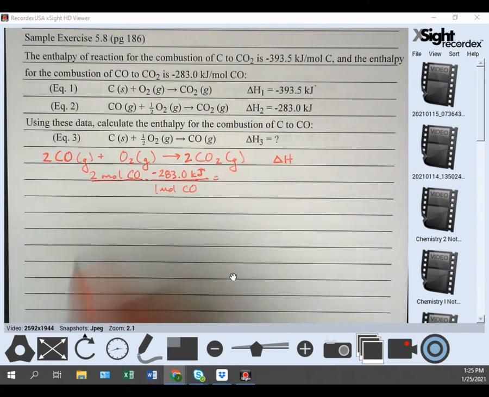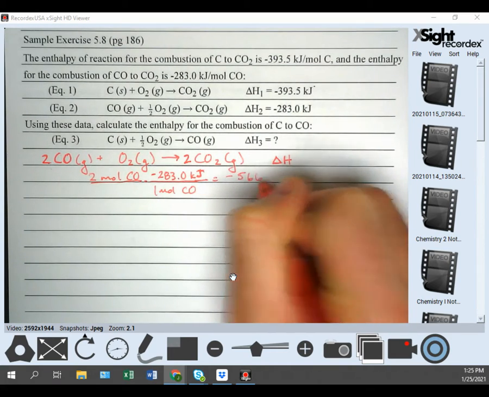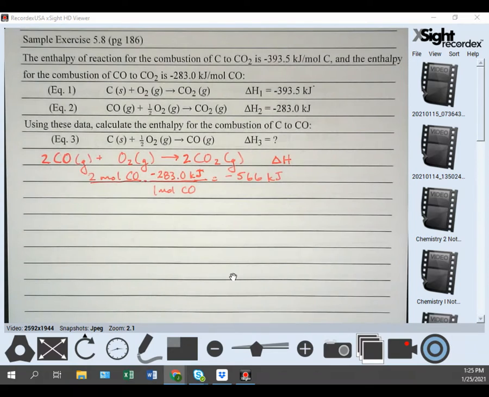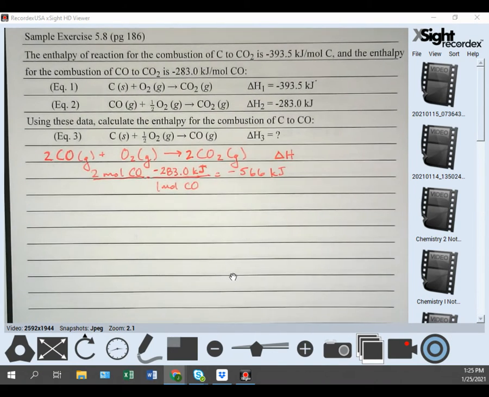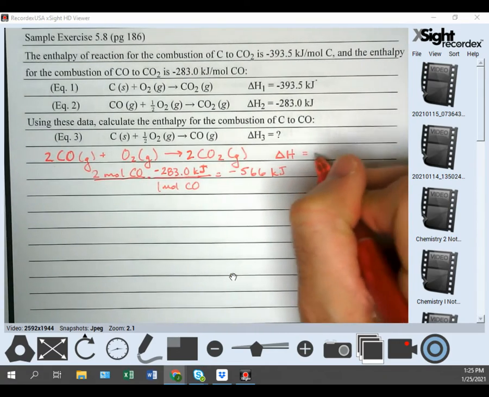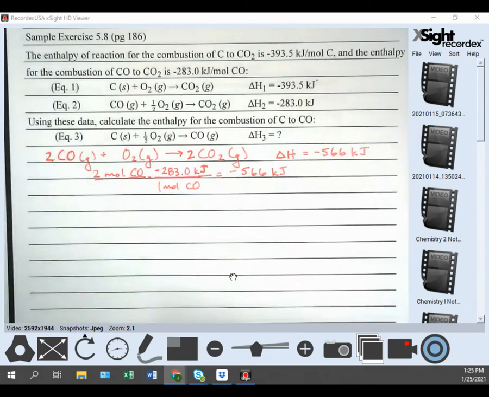Negative 566. Thank you. Negative 566 kilojoules, right? Okay, so the delta H for this reaction would be negative 566 kilojoules.